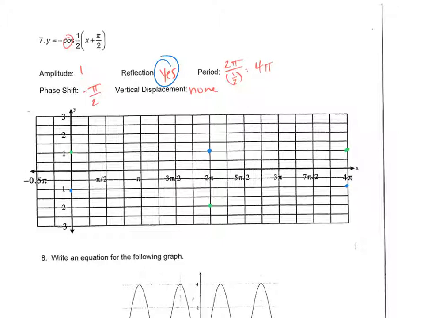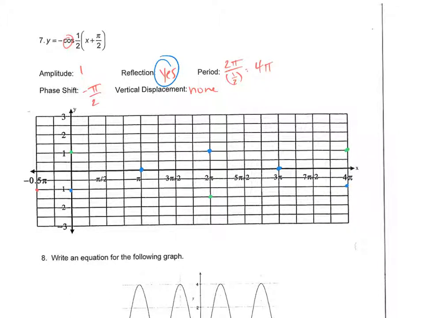And actually that point was in the wrong spot. So now I've got my reflection. I've taken care of the period. I've taken care of the reflection. Haven't changed my amplitude. Don't have vertical displacement, but I have a phase shift. So every single one of those points, and it might help if before we shift things we put in our zeros halfway in between our maximums and our minimums, is going to get shifted left by pi over 2.